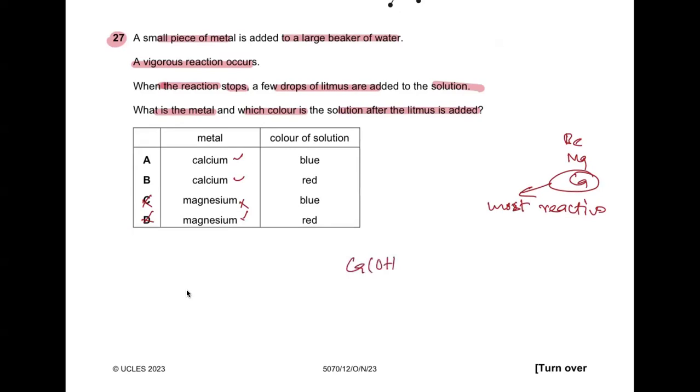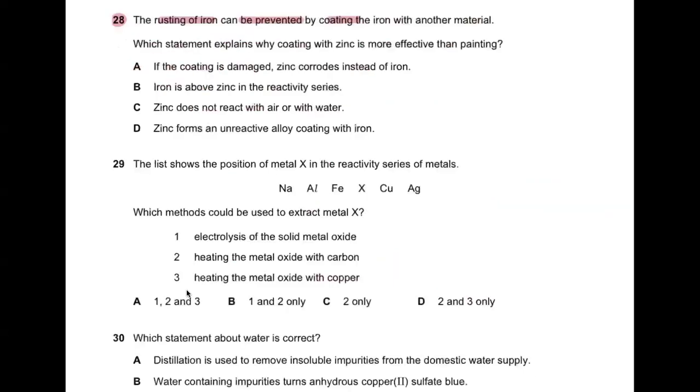Now, MCQ number 28. The rusting of iron can be prevented by coating the iron with another metal. Which statement explains why coating with zinc is more effective than painting? If the coating is damaged, zinc corrodes instead of iron. Yes, that's what happens because zinc is more reactive than iron.